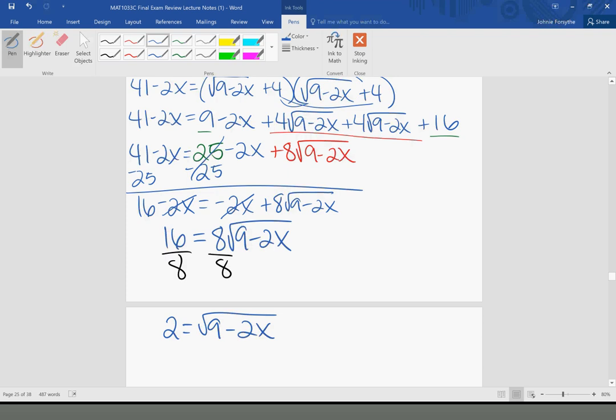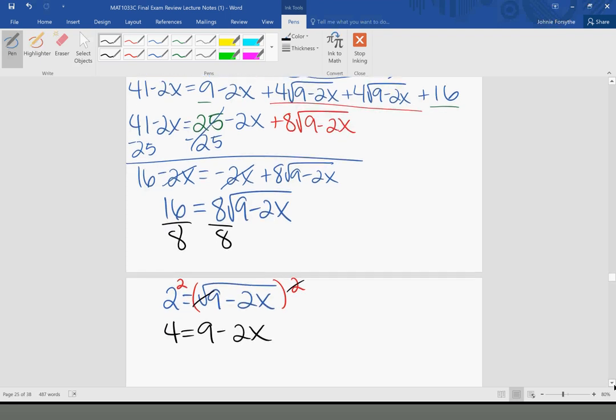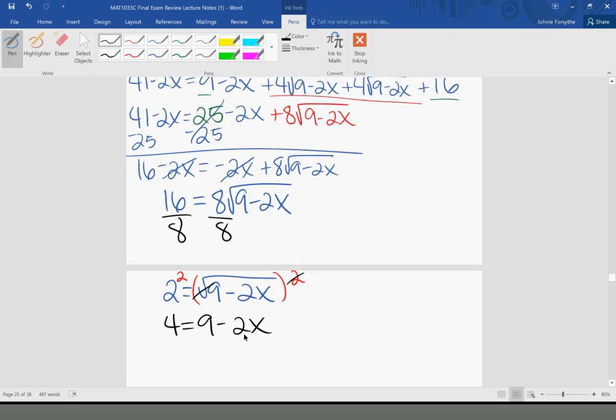Now that I have this square root by itself, I'm going to square this side. But if I do it on the right, I must do it on the left. So then I'm going to have 2 squared, which is 4, equals 9 minus 2x. And I'm almost done. I'm going to solve for x by subtracting this 9.